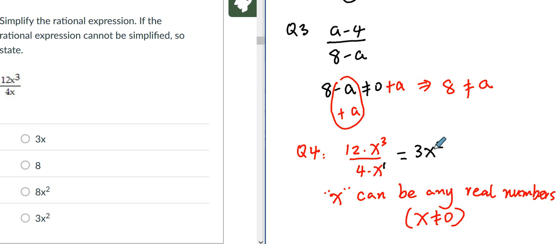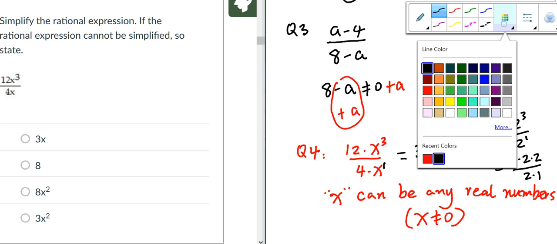X cubed over x to the first power, 3 minus 1 is squared. For example, if you have 2 cubed upstairs and downstairs is 2, exponent is 1. So you see upstairs there are 3 2's, downstairs there is 1. Remember, 2 is 2 times 1.